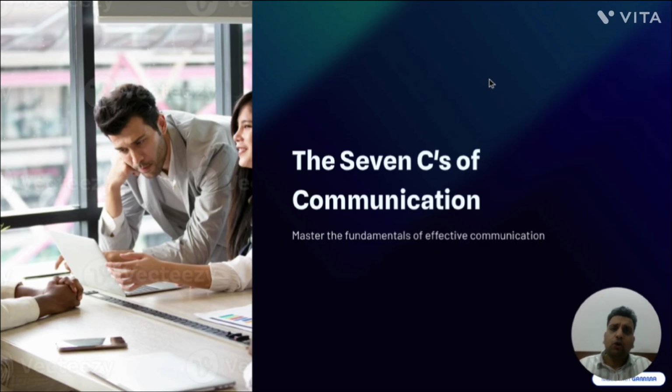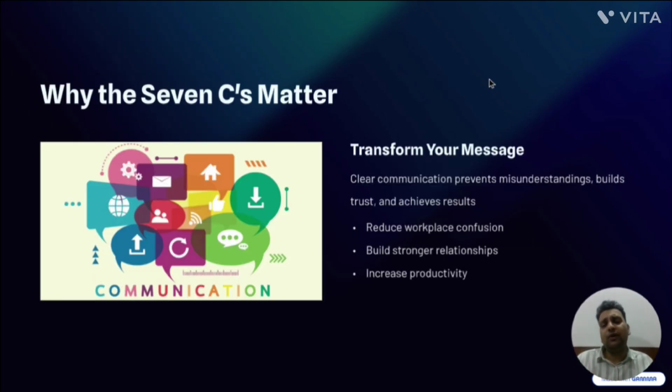So in order to avoid a situation of confusion, we need to understand there are 7 important C's that we need to keep in mind before communicating anything to our friend. So let's get started in order to have a clarification of all these 7 type of C's that we have to keep in mind before communicating anything. So first of all, why 7 C's are important, why they matter for us to understand.